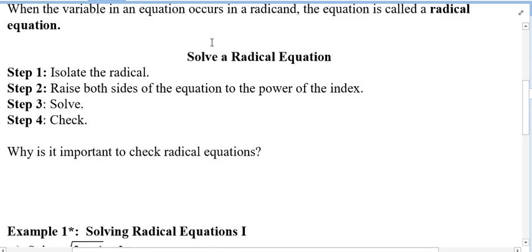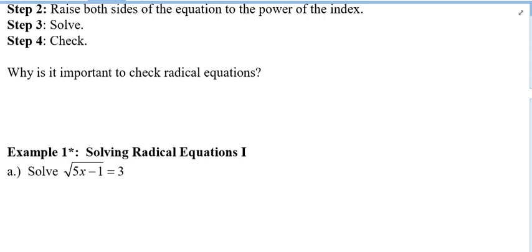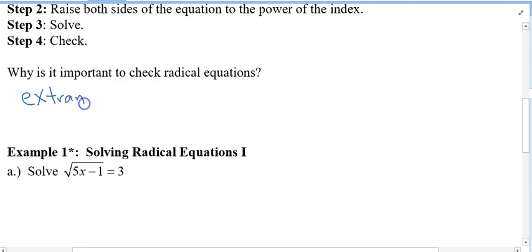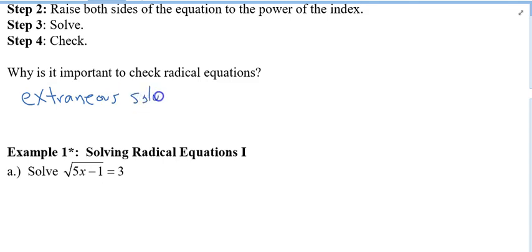Now, why is it important for us to check our answer? Whenever we're solving these, sometimes we get answers that look like they're right, and we've done all of our math correct, but they're not the correct answer, and it's what is called an extraneous solution. Extraneous solutions are solutions that appear to be correct, however, they are not.